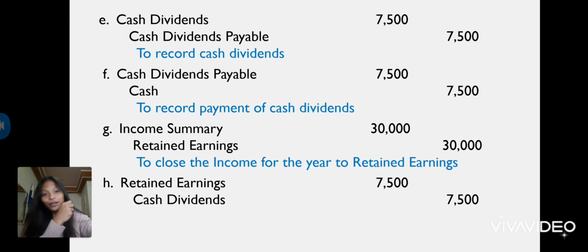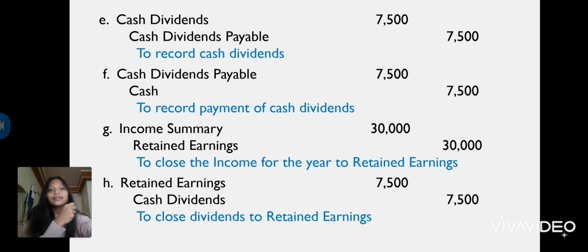So all incomes that are gathered within the year will always be closed to the retained earnings. Next and last, to close dividends to retained earnings. So cash dividends are closed to retained earnings so that the company will have an idea about the cash dividends that they already paid out.